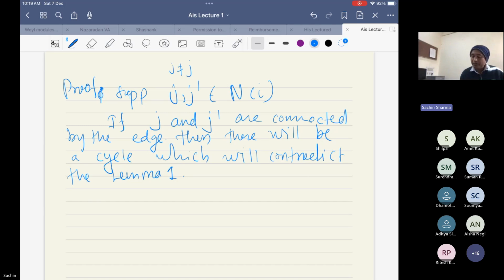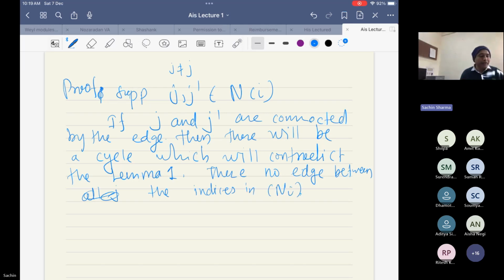And so there is no edge between the indices in Ni. Okay, fine.